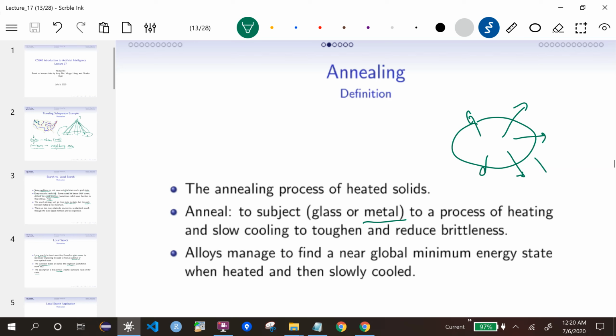But if you increase the temperature to make it really hot, you release the energy very quickly, and when it cools down, you reach the stable or minimum energy state very quickly compared to just leaving it at normal temperature. That explanation may be wrong, but that's basically where the name came from.